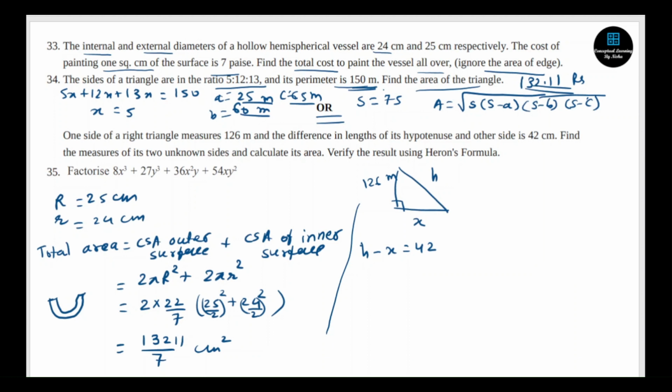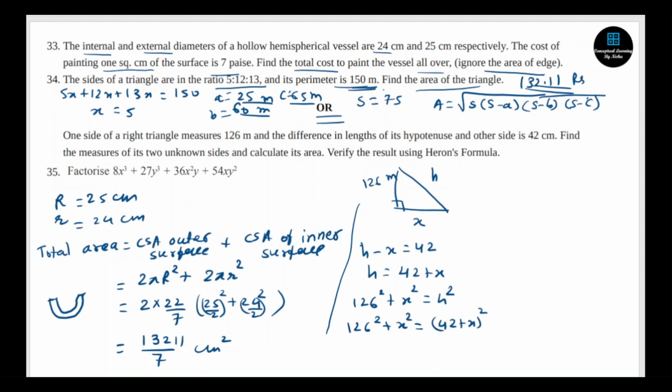So I can find the other side, right? So h equals, I can say 42 plus x, and now I can use the Pythagoras theorem. So 126 square plus x square equals h square, right? And now 126 square plus x square equals h is 42 plus x whole square.